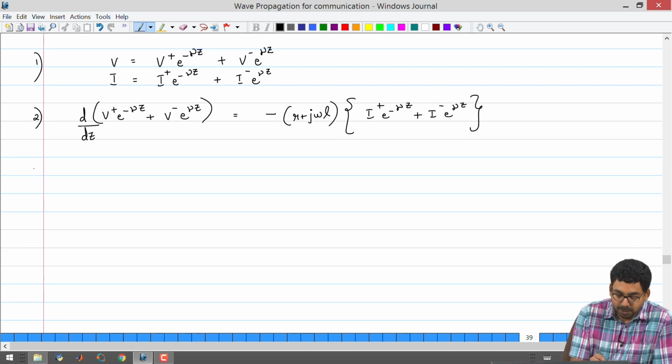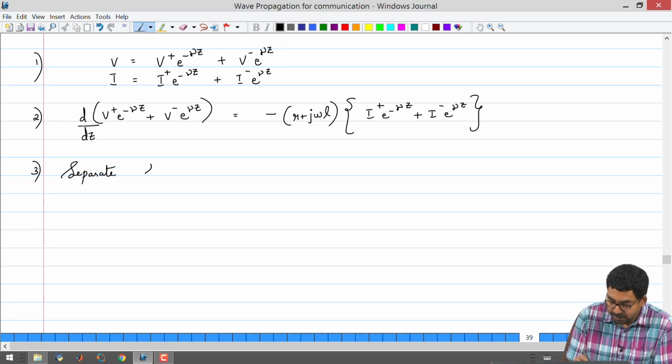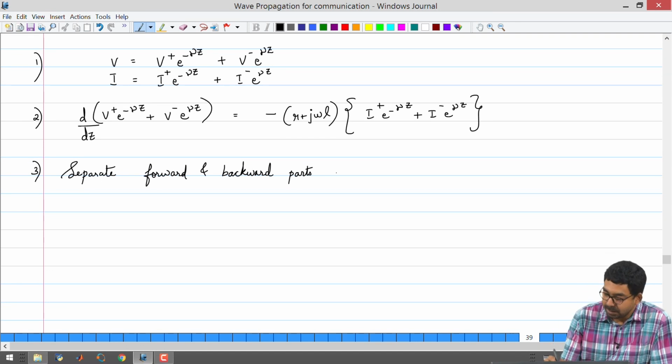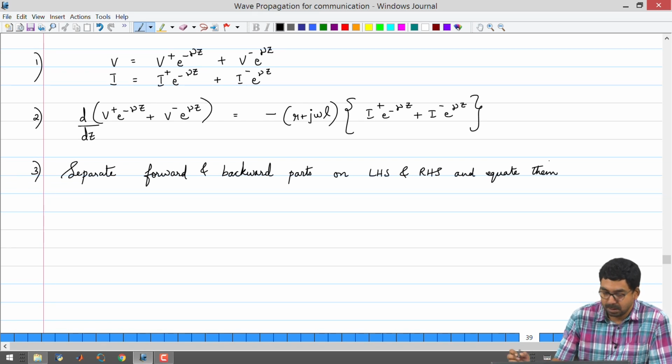And the first thing one can do is separate the forward and the backward parts on left hand side and right hand side, and equate them.